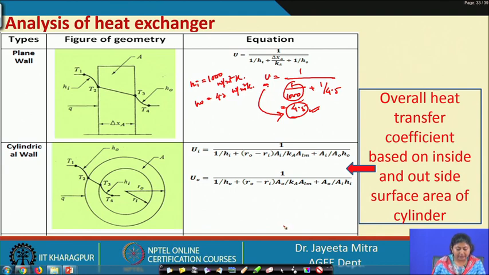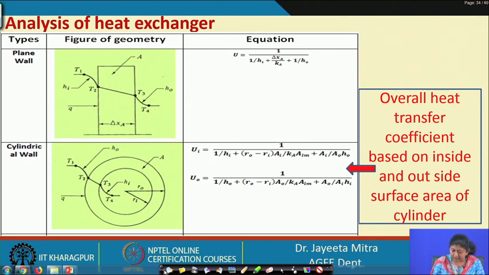So, that's why we can understand that if such a problem is given to you where thickness is very less, you can almost neglect that one, and with a higher side heat transfer coefficient in one fluid and a very low heat transfer coefficient in the other fluid, your overall heat transfer coefficient will always be close to the lower side. Okay. So, this is one explanation of how you can characterize different cases.